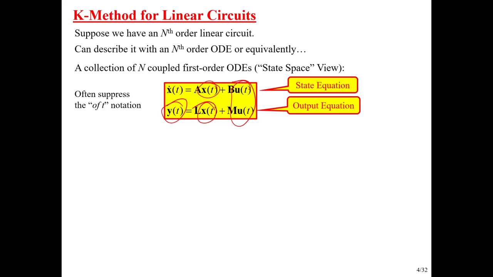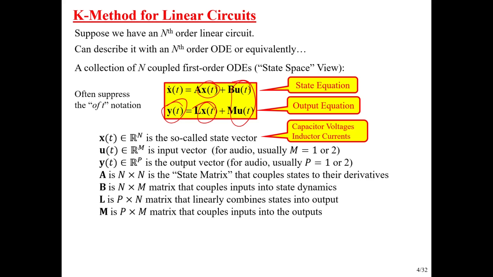Remember, most of the time in signals and systems and signal processing, we think of X as an input and Y as an output. Here, X is not the input. U is the input, and not necessarily the unit step.